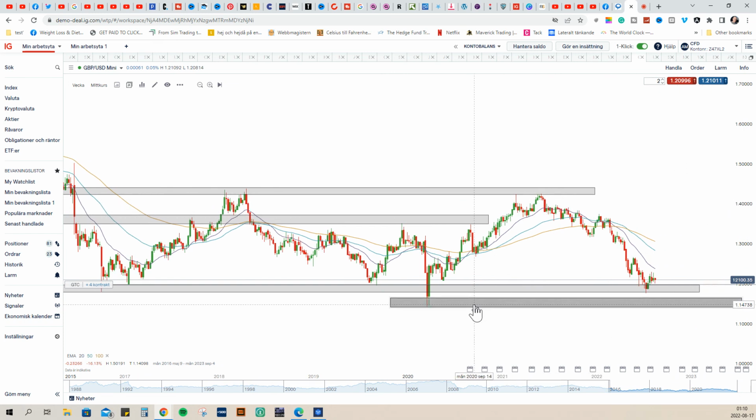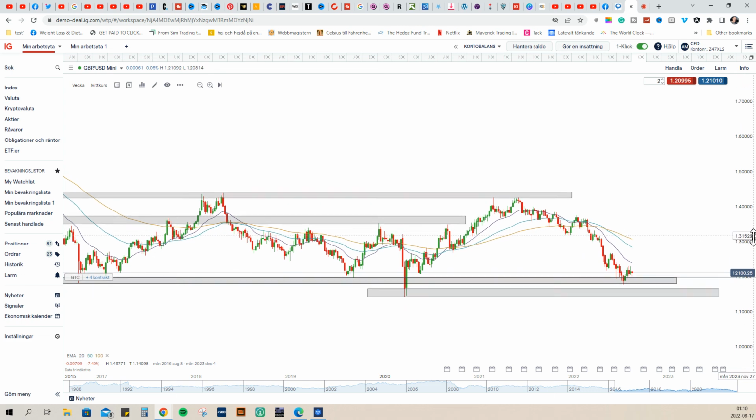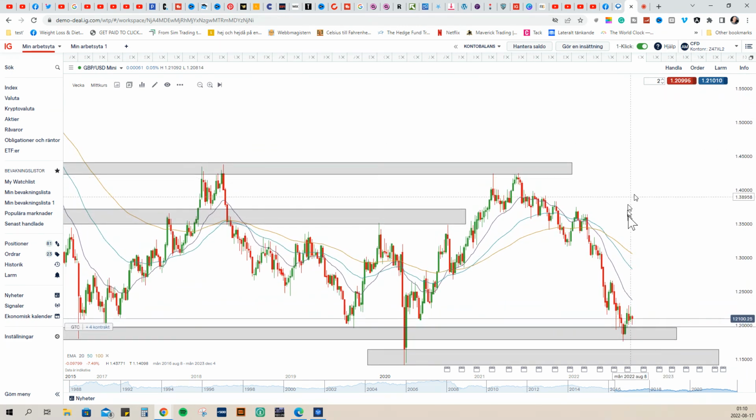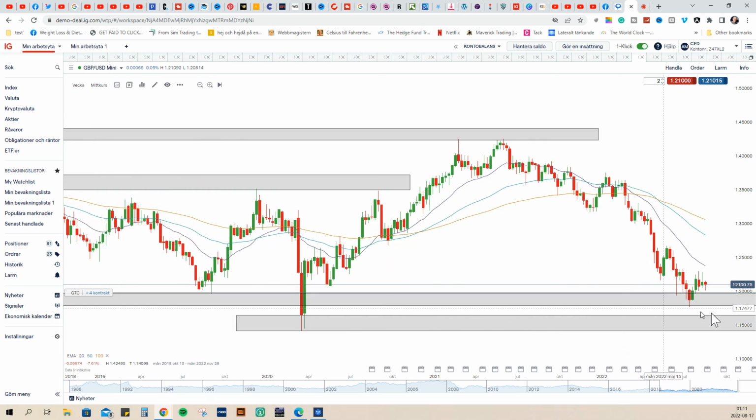You can see here. And we are here today. I have bought massive contracts on this British pound US dollar pair because it hits the value zone here, the demand zone.